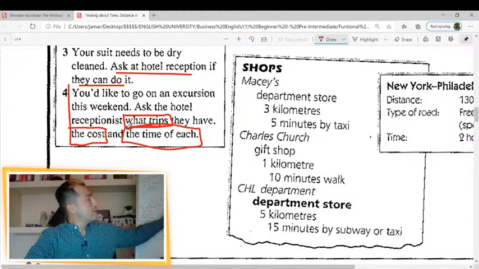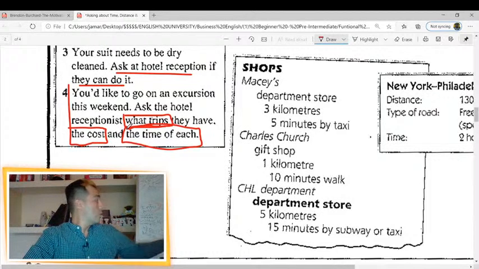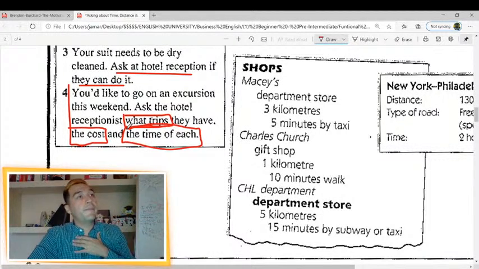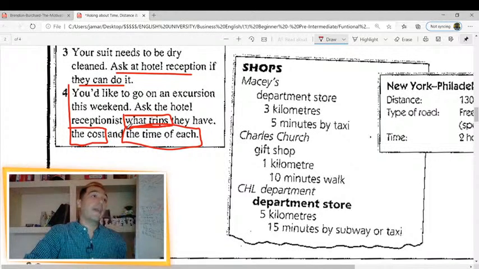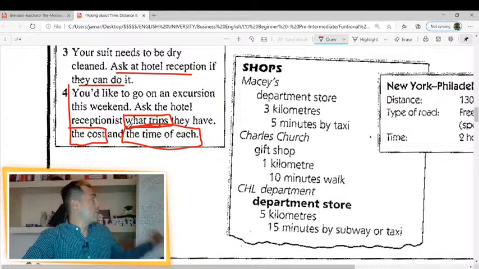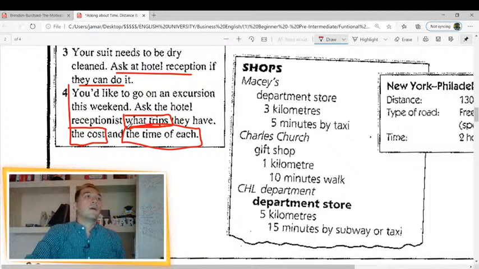Excellent. Question number 1, what trips? Auxiliar. What is the best auxiliar? Is, are, or do we need a verb? What trips do? Okay, subject, I? You? Okay, you are asking the receptionist. Hey, you, what trips do you, verb? Recommend. Excellent. That's a verb.